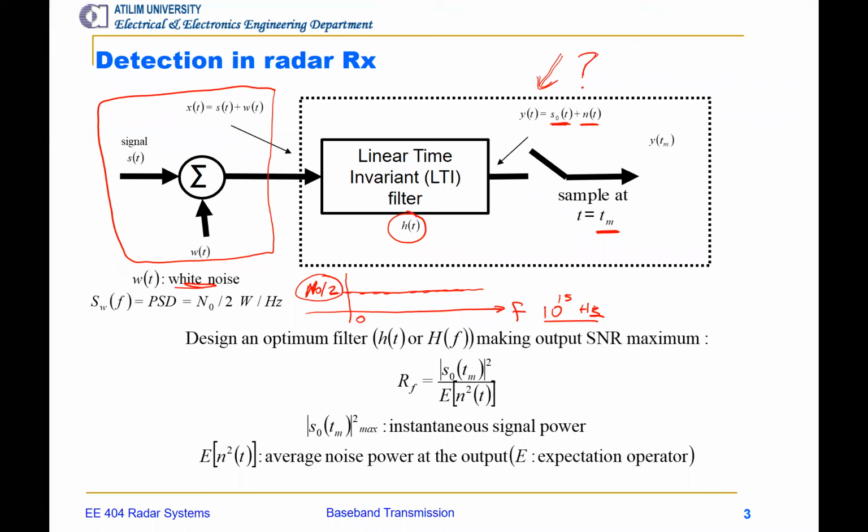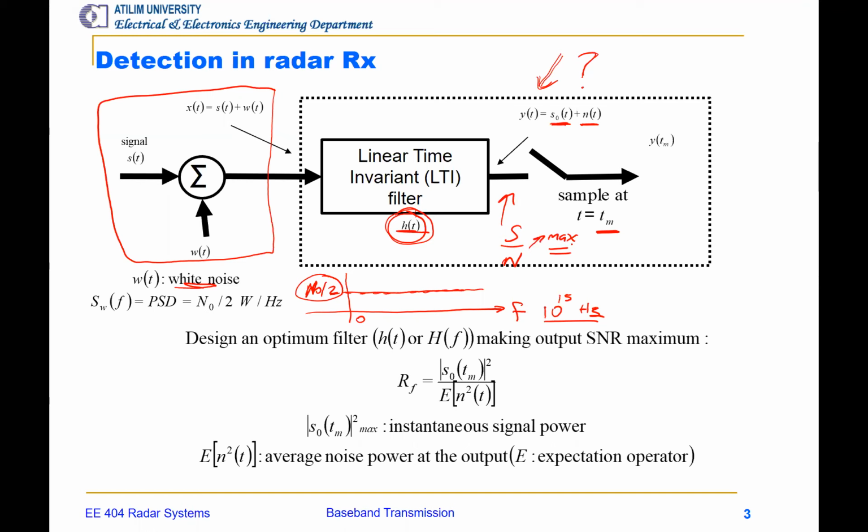Now, we'd like to design an h of t, so a filter whose impulse response is h of t, such that the SNR at the output of the filter be maximum. Okay, be maximum.